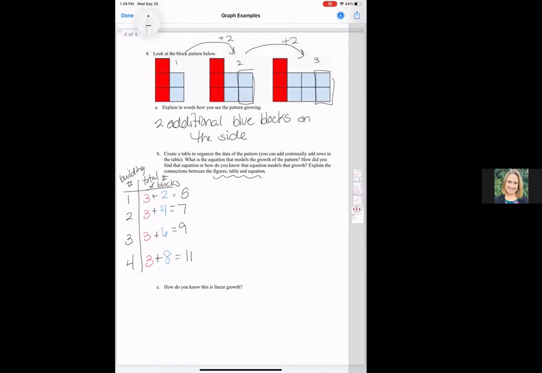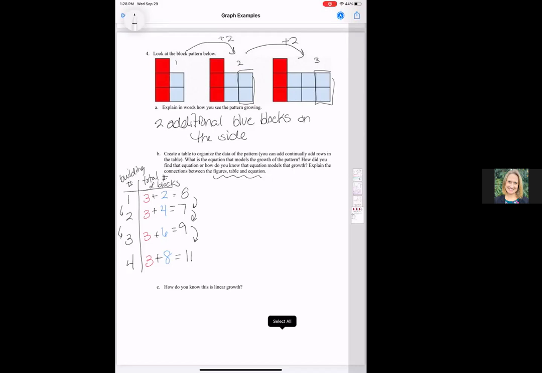Now what would an equation be that models this growth? Well, we can look at our change in Y's, because our change in X is just 1.